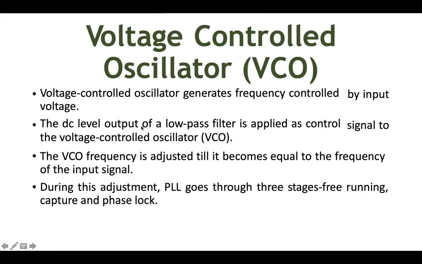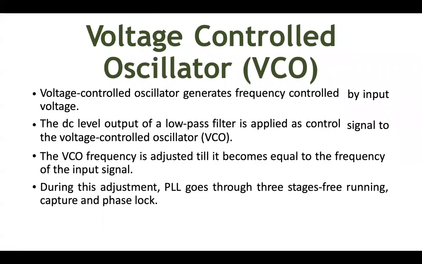So the DC level output of a low pass filter is applied as a control signal to the voltage controlled oscillator. In fact, before the VCO, we have another block which is called the error amplifier, right? So this VCO is adjusted till it becomes equal to the input frequency.